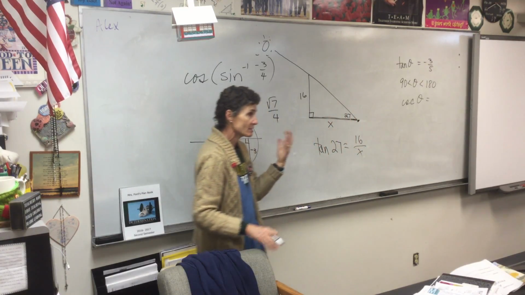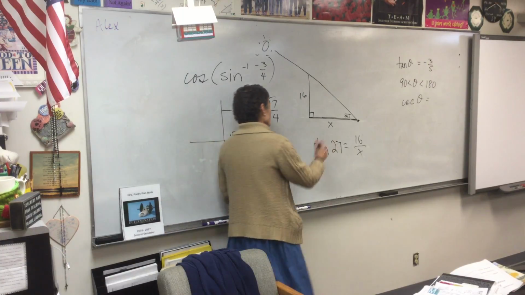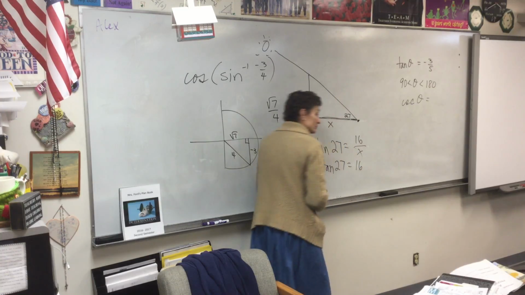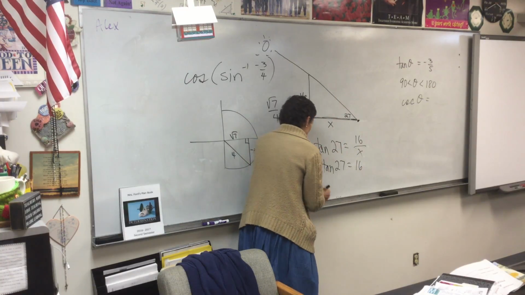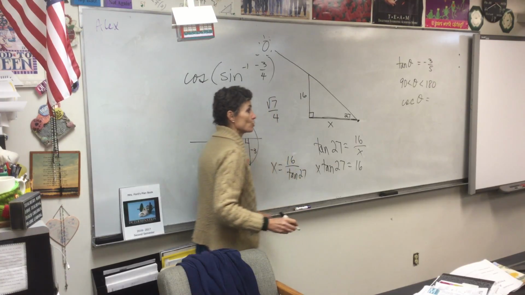I can do the other things, but why would I hassle when I can do it in terms of tangent? All right, so we're going to multiply by x and divide by tangent 27. So x is going to equal 16 divided by tangent 27.